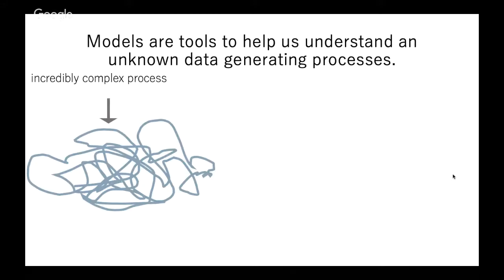Biology is full of incredibly complex processes. You have metabolism, the immune response to infectious disease, social dynamics, and of course, evolution. While we're able to observe the output, or the data, we often don't know exactly how the data generating process works itself. However, we can use models, simple statistical expressions, as a tool to illuminate and understand the process.